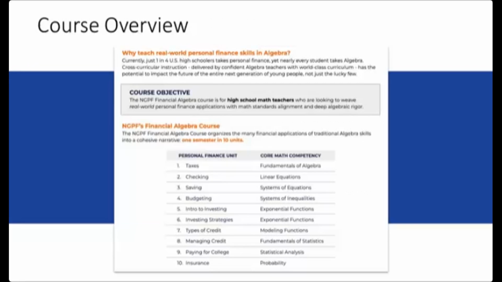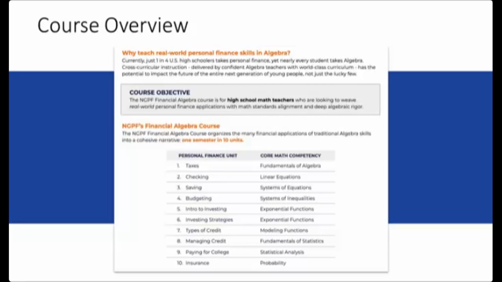So I will give you a quick overview of the topics that are covered in the course, and that way you can see what topics are covered, what might fit with your class, what skills you might want students to come in with. So you can see from this preview, and I will also drop the link if you want to look on your own, although you don't need to open it, there are 10 total units.